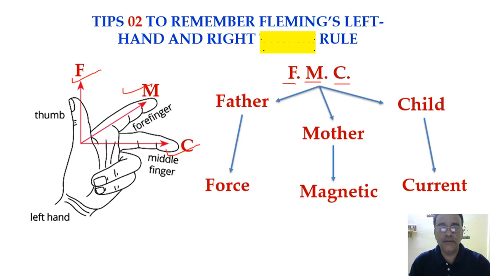Now, one more tip I would like to give, as many queries and doubts are there. और बच्चे याद नहीं रख पाते हैं कि कौन सा थंब रूल किस में यूज होता है. Fleming's right hand thumb rule, Fleming's left hand thumb rule, in which device is it used, motor or generator. So one tip I would like to tell you.